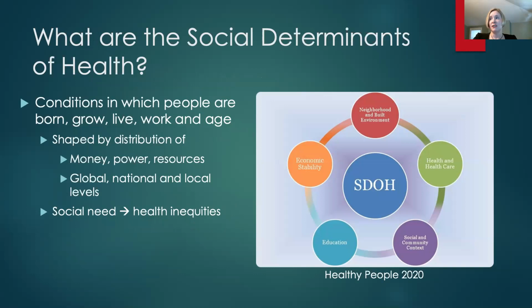You can see here one of the frameworks that has been released by the Centers for Disease Control under Healthy People 2020 that classifies some of the social determinants of health into neighborhood and built environment, economic stability, education, social and community context, and healthcare. There are other frameworks that have been released by other organizations.